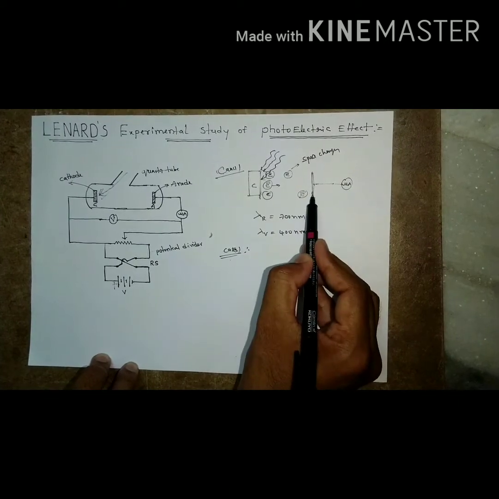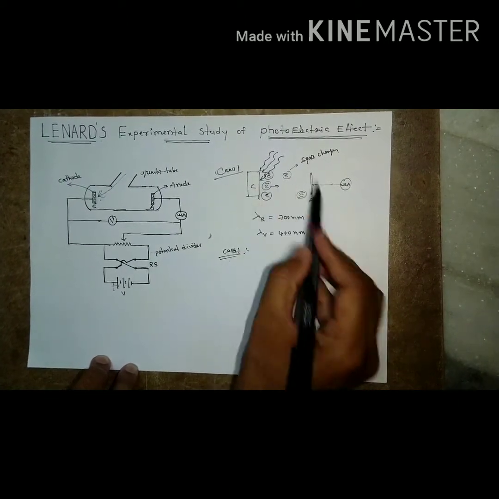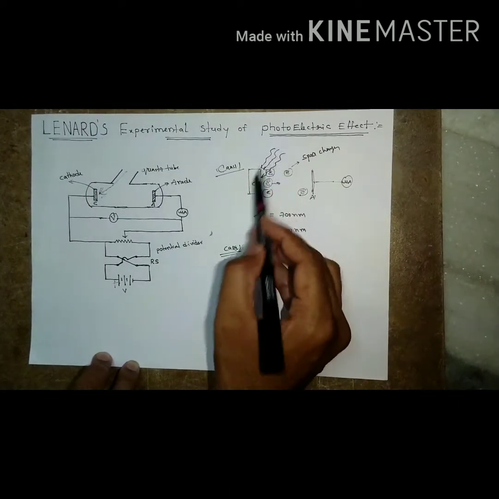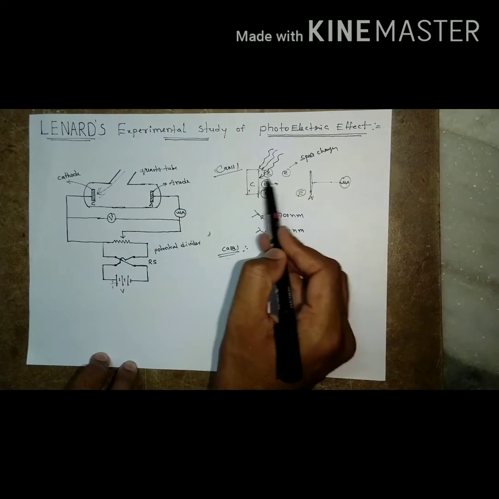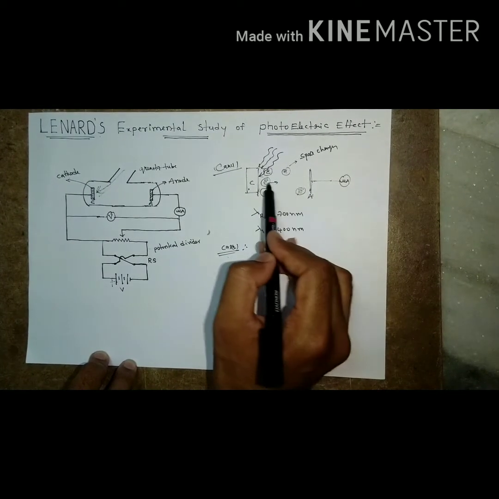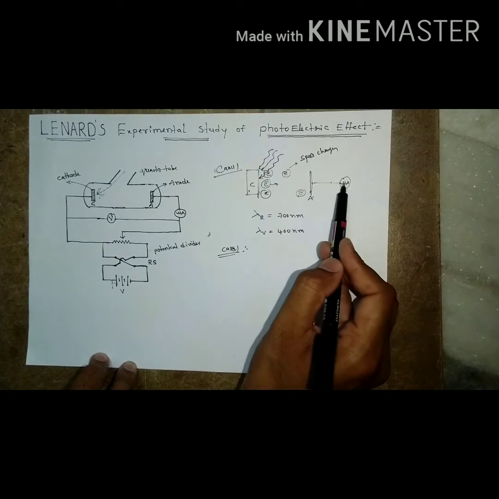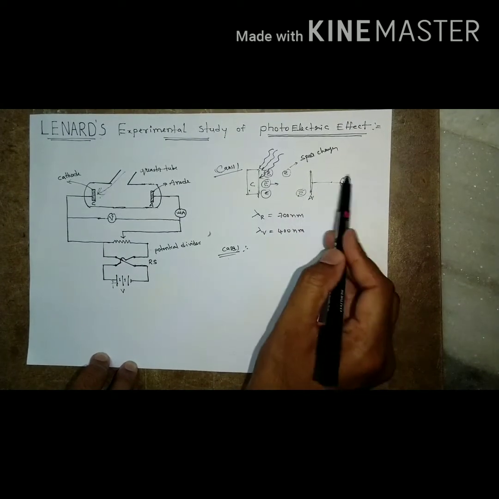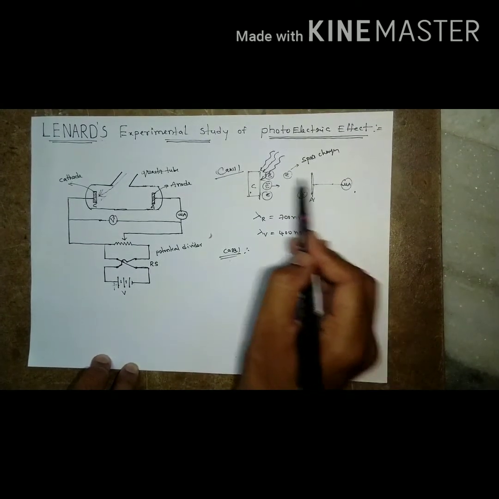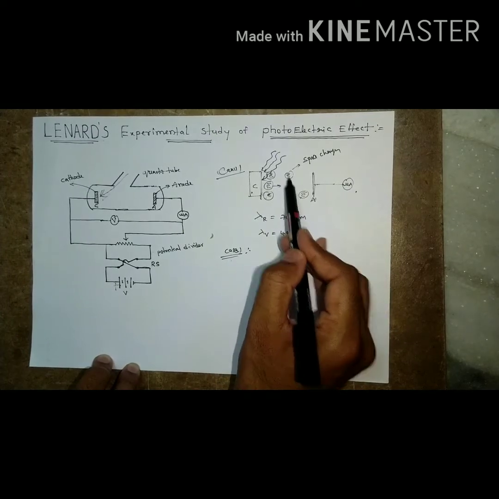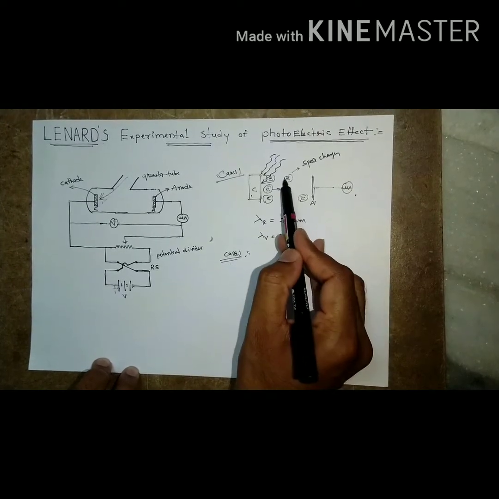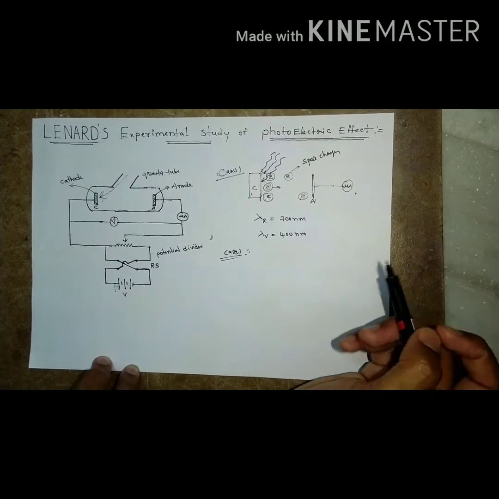Between the cathode and anode, space charges are filled because many light rays are incident on the cathode surface and so many electrons are released. High energetic electrons reach the anode and produce the current; low energetic electrons do not reach the anode. Those low energetic electrons are called space charges.